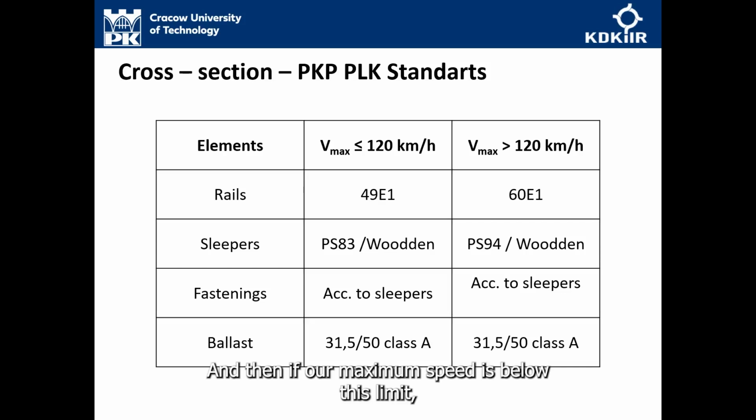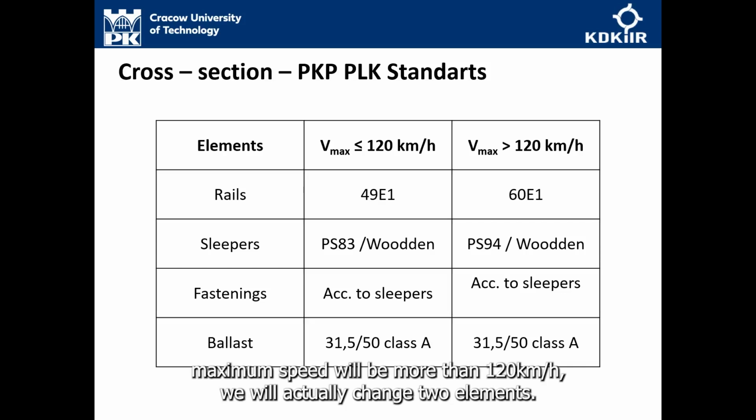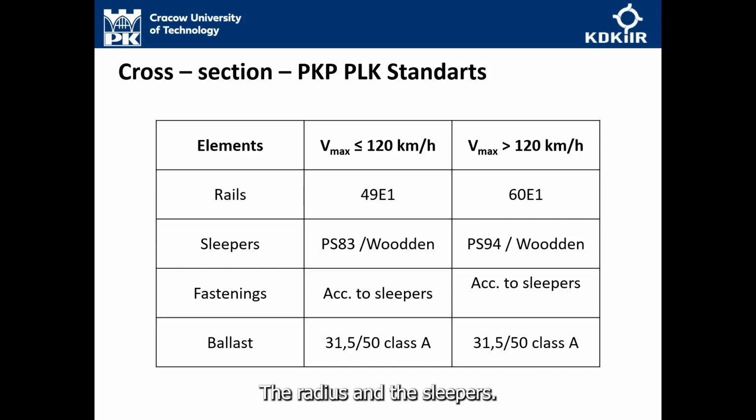And then, if our maximum speed is below this limit, we will most likely have 49 E1 railway rails, sleepers in the form of PS83 or wooden ones, rail fasteners will be related to the sleepers and the rails used, and the ballast will be crushed stone with a fraction of 31.5/50 class A. In the second case, if our maximum speed is more than 120 km per hour, we will actually change two elements, the rails and the sleepers.